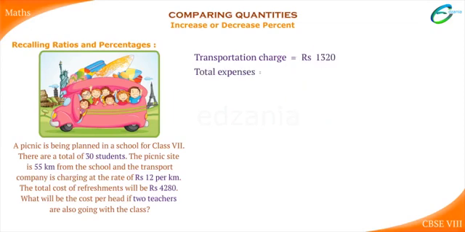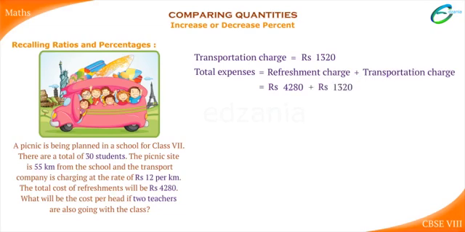Total expenses is equal to refreshment charge added with transportation charge, which is rupees 4,280 plus rupees 1,320. That is equal to rupees 5,600.